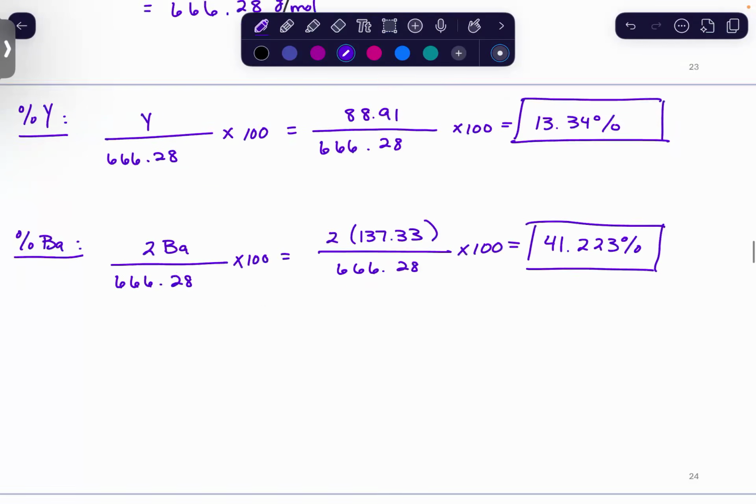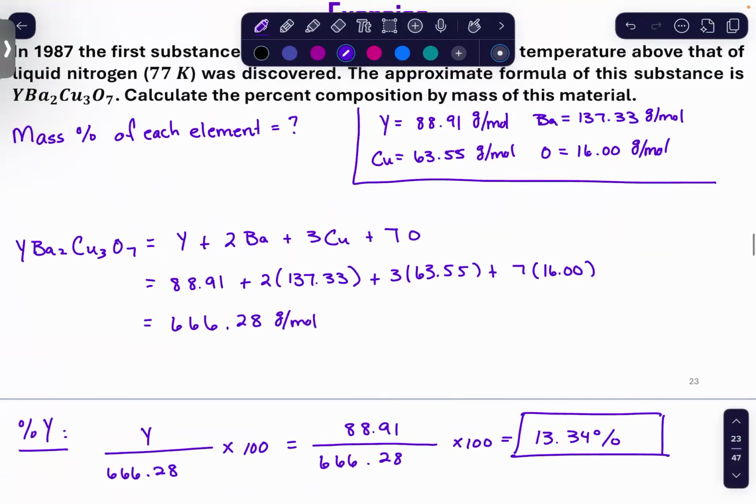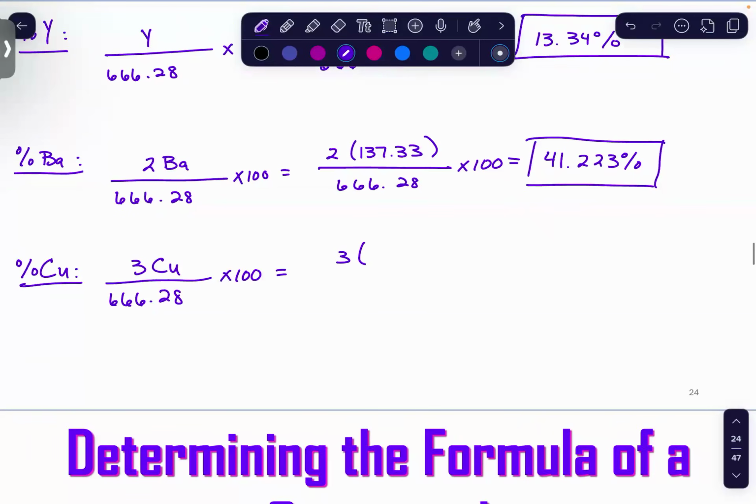We'll do copper next. In the formula, there are 3 coppers, and we see copper is 63.55. That's going to make copper about 28.61%.